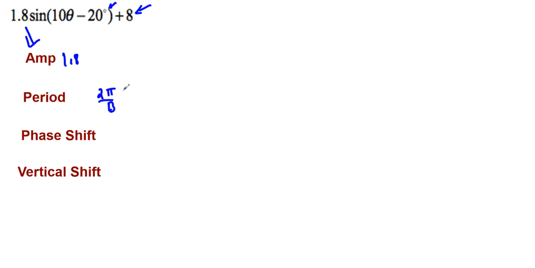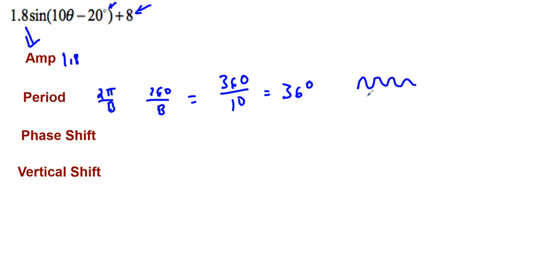But 2 pi corresponds to 360 degrees over B, which is equal to 360 over 10, which is equal to 36 degrees. So our period, this thing is full of energy. It is wiggling back and forth quite a bit. It's going to be a pretty tight graph.